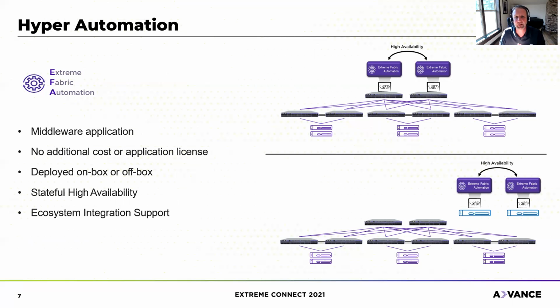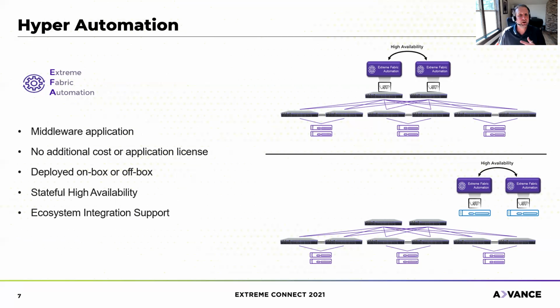As you can see at the very top, the picture on the right-hand side shows my two spine switches with VMs running on those spine switches, with Extreme Fabric Automation installed on both of those, running in a full stateful high availability mode. In the bottom right-hand corner, the picture shows the same exact scenario, but we run Extreme Fabric Automation off box, just on generic servers.